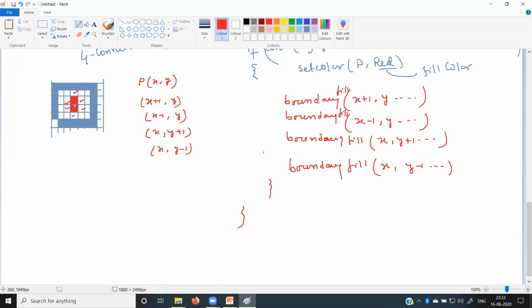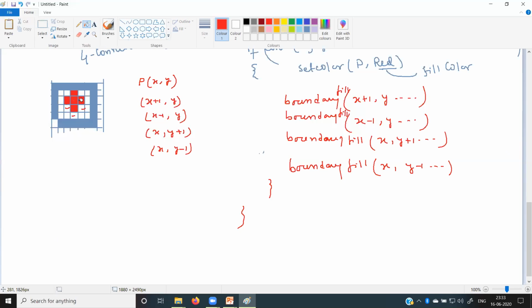For this particular pixel P, it is already colored by red, so it will not execute the same function. It will not call the function. So the function will be called by only those four pixels, and those four pixels will be colored by red.